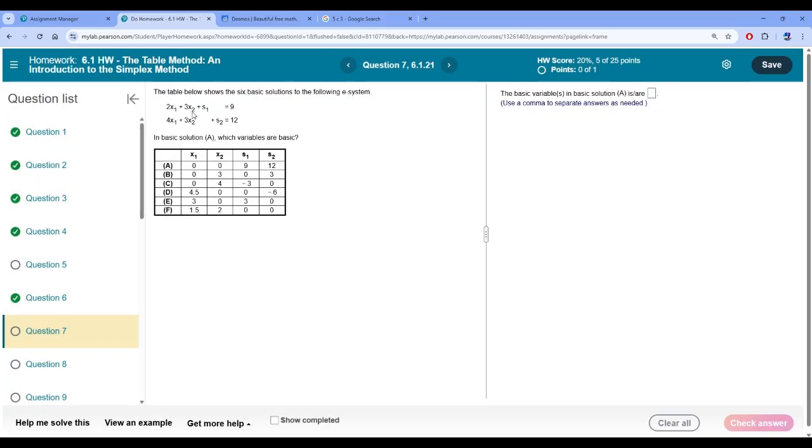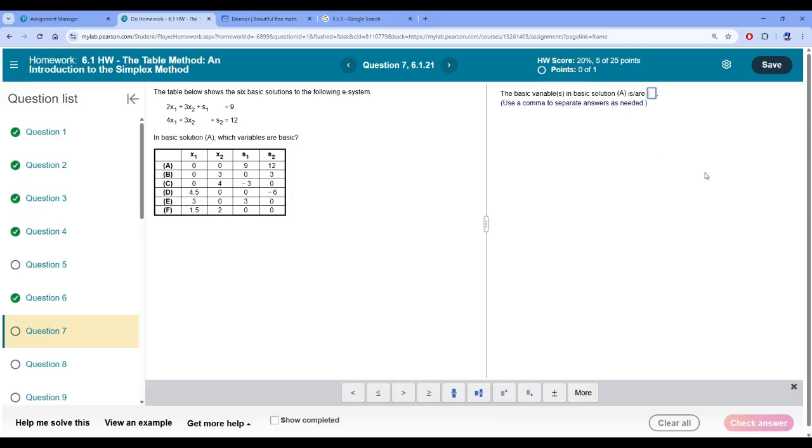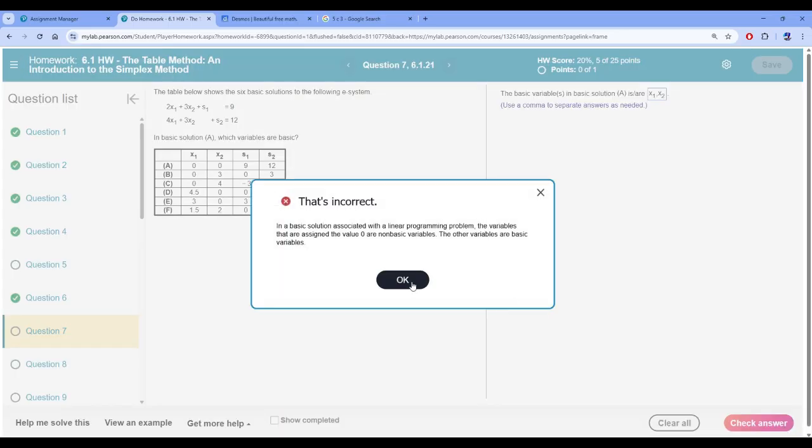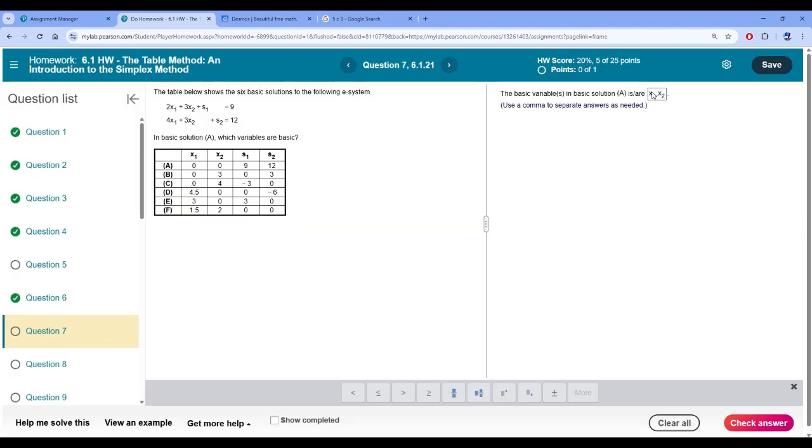Yep. Okay, the table below shows the 6 basic solutions to the following equation. In basic solution A, which variables are basic? I think x1 and x2. X subscript 1, comma, x subscript 2. No. In a basic solution associated with the linear program, the variables that are assigned the value 0 are non-basic. Oh, so S1 and S2 are basic variables.